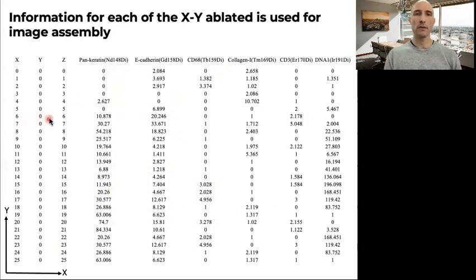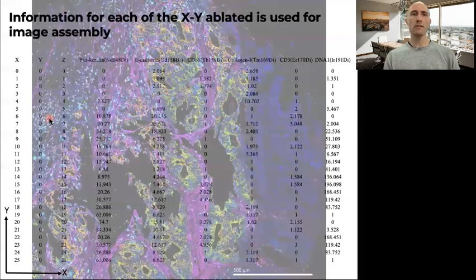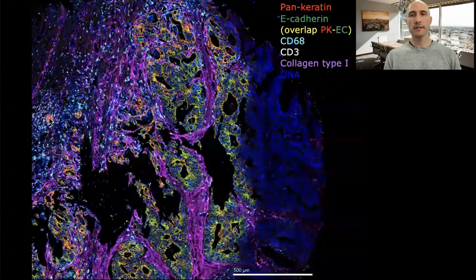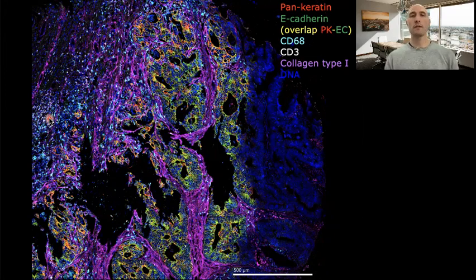So what the software does, at the end of the process, is reconstruct an image based on the information for each of the markers, in each of the XY positions ablated. So an image that may look like this is what you will have as a result. So based on the information for the 6 markers, for example, the 6 markers that I showed in the previous slide, the software will reconstruct the image.